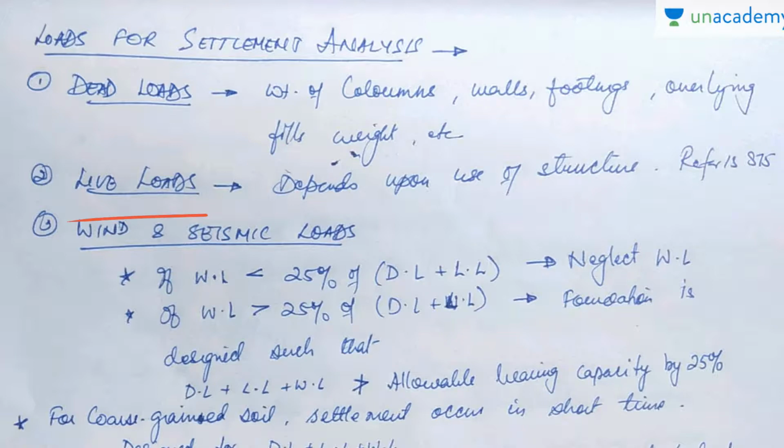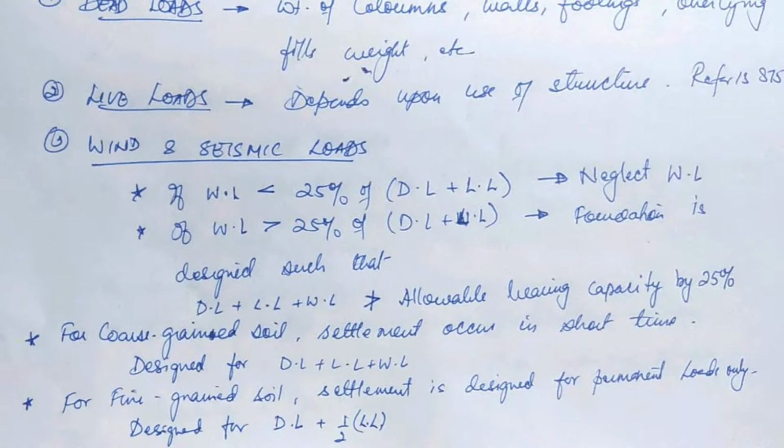Live loads depend upon the use of the structure, and these are all given in the IS code books, from where we can take the live loads depending upon the type of structure. Then wind load or seismic loads.